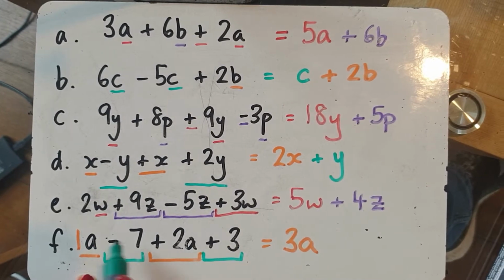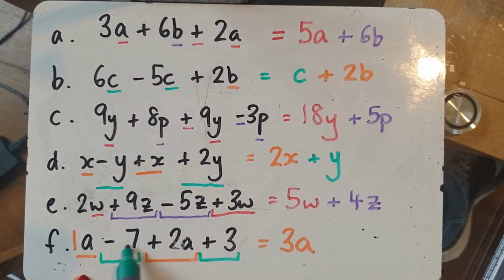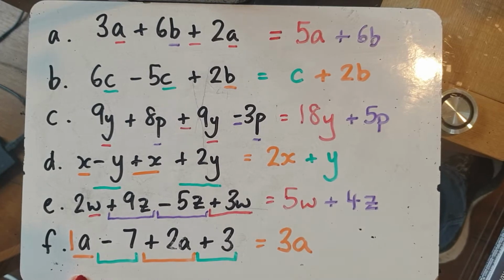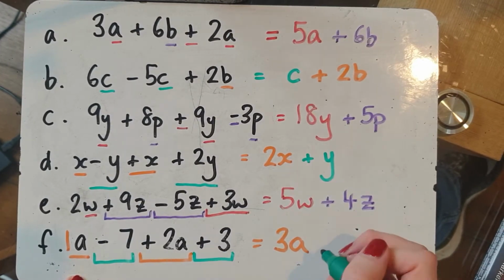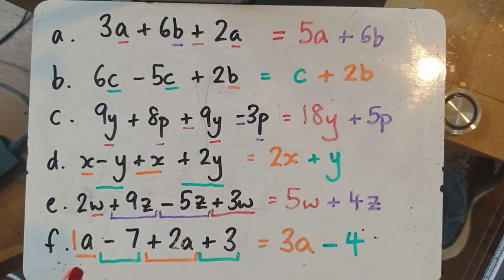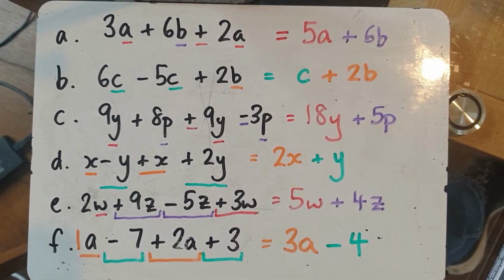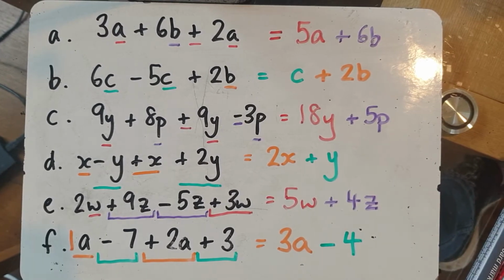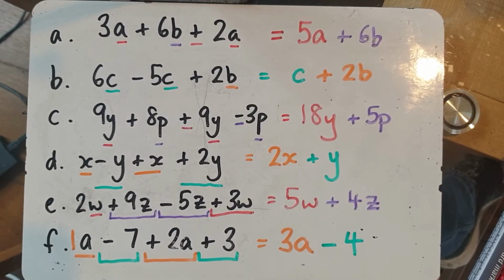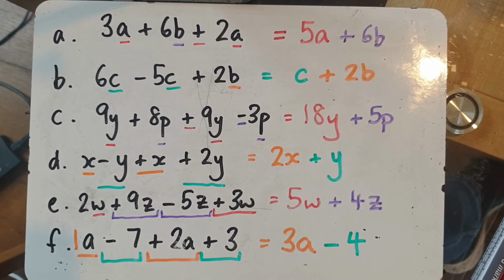They don't have a variable like a in them. It's just negative 7 and 3. I can collect the numbers together. So if I've got minus 7 plus 3, I end up with minus 4. So those are the answers. Please mark those, and please take a picture of that to upload to show my homework with it marked so that I can see that you've done it.